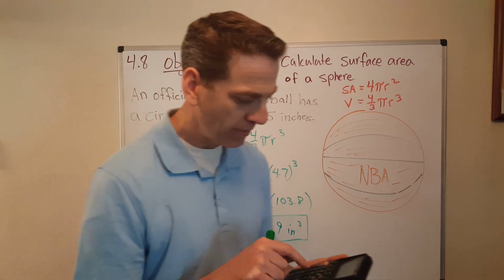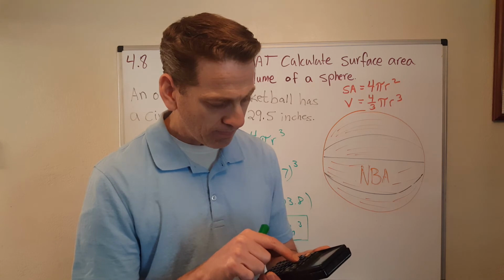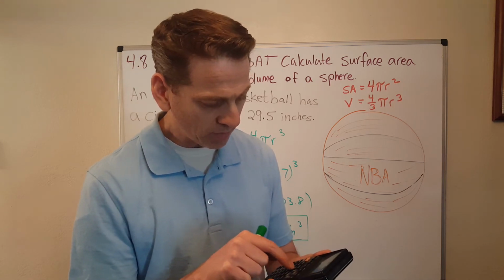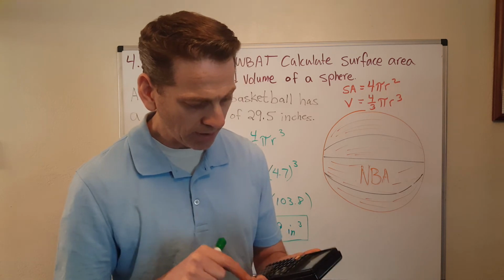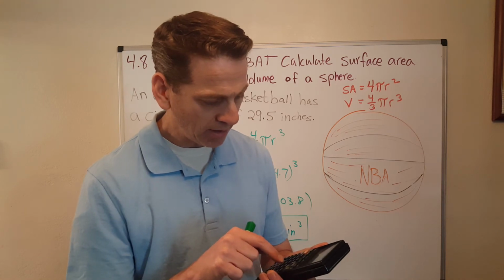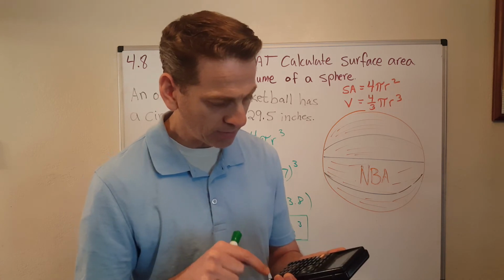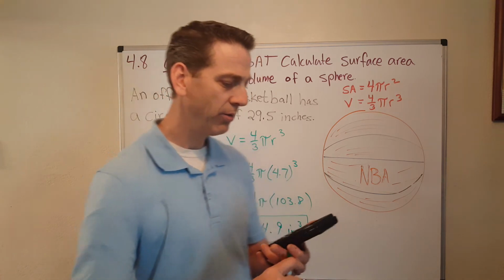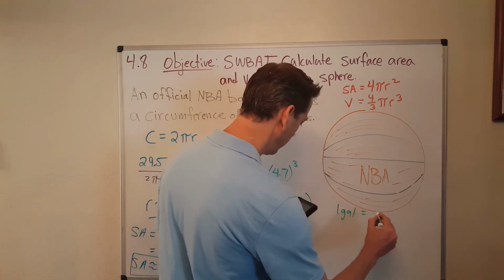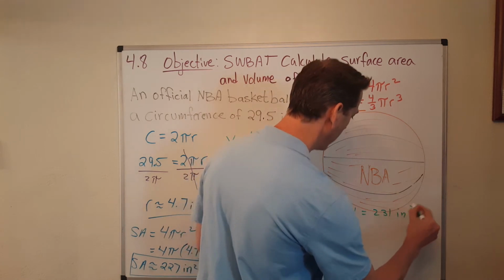Sorry. One cubic inch equals how many gallons? I got to do it the other way around. 1 gallon is how many cubic inches? There we go. So 1 gallon is 231 cubic inches, exactly.